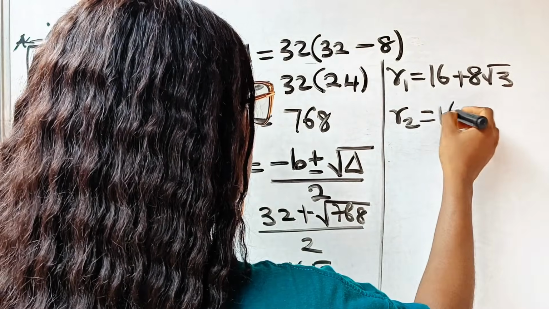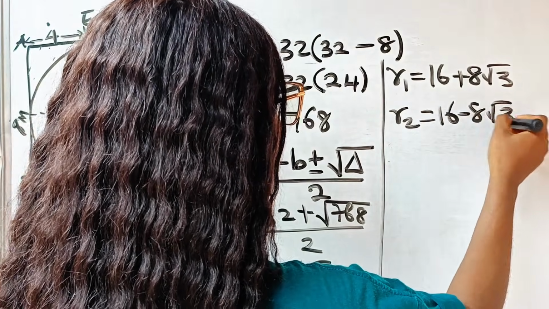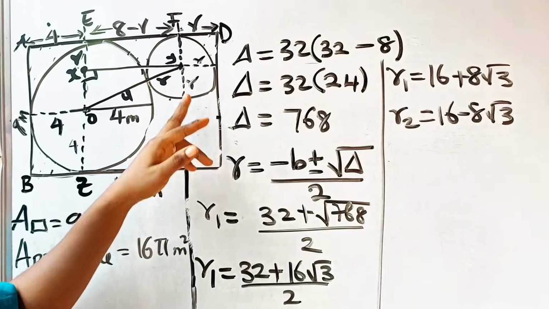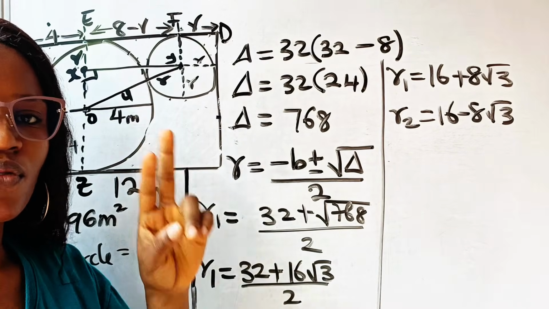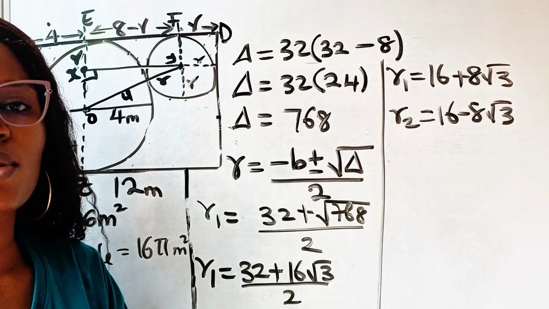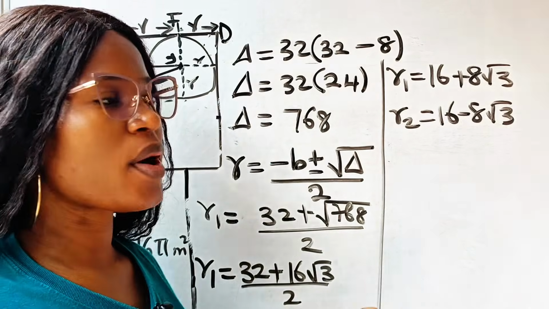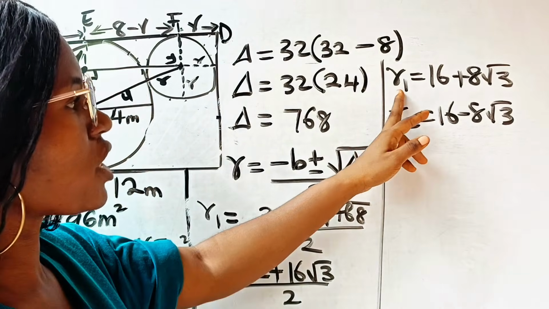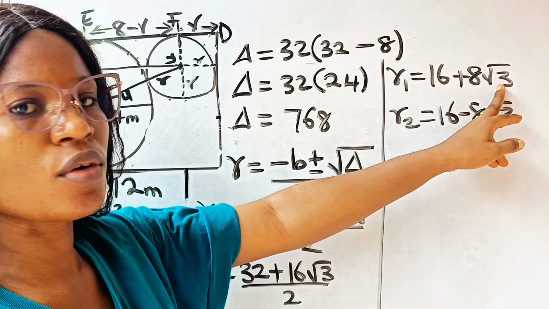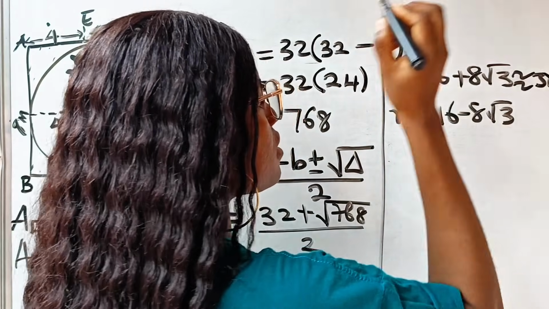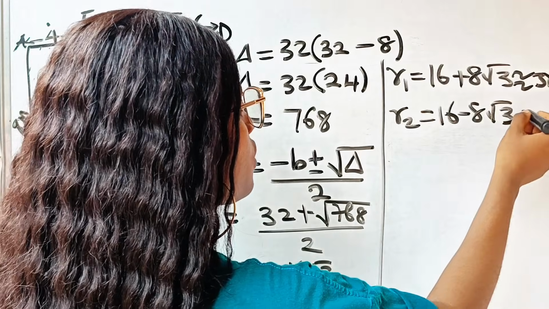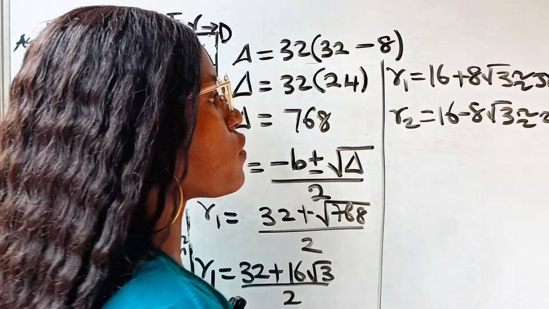So we have 16 minus 8 root 3. But we cannot have two values for our radius, right? It's not possible to have two values of radius. So what we are going to do is simple. We check. If you solve this, you are going to get an approximate value of 30. If you solve this, you are going to get an approximate value of 2.